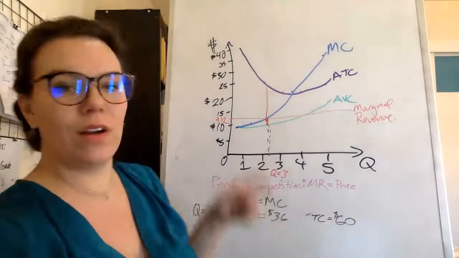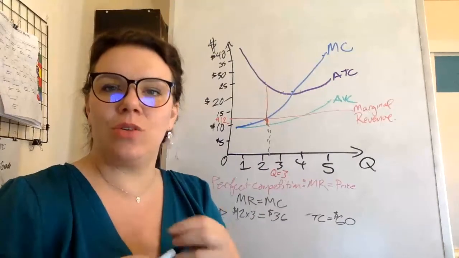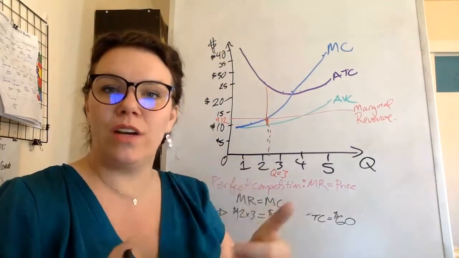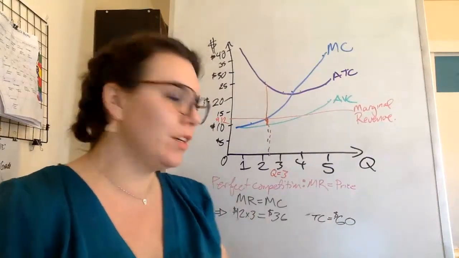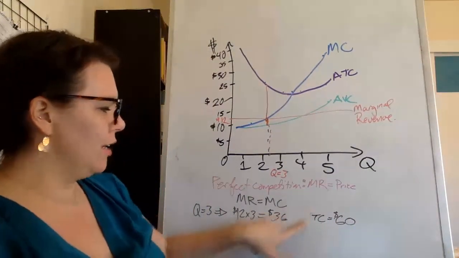Because at a quantity of 3, average total cost is $20 times 3. Right? Or total cost on the table is 60. So they're taking losses, right?